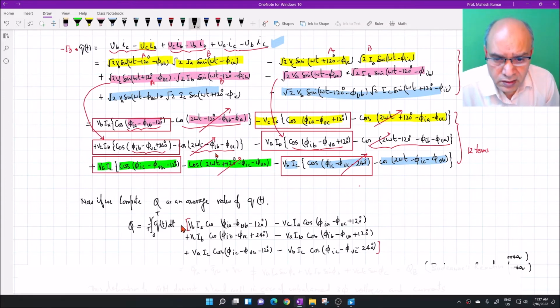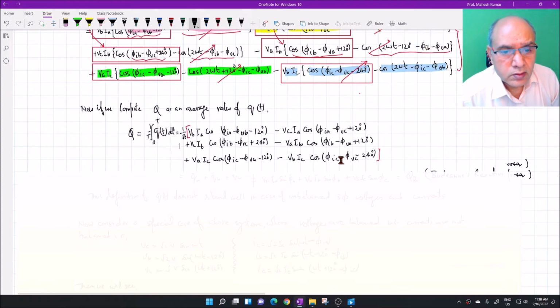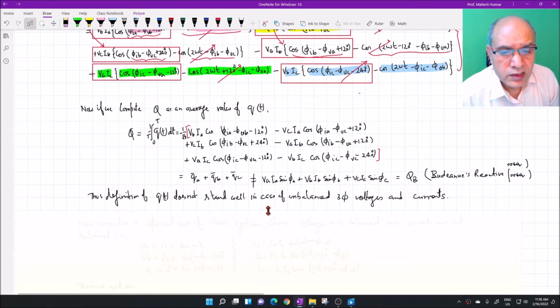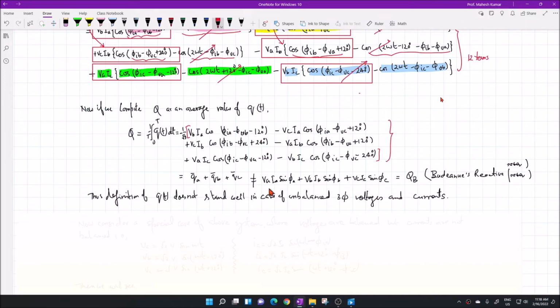You can add that. This average value therefore will contain only the constant terms. If we add the peak of the P-Q active components, we will get this term, that is BAIA sin phi A plus BBIB sin phi B plus BCIC sin phi C.